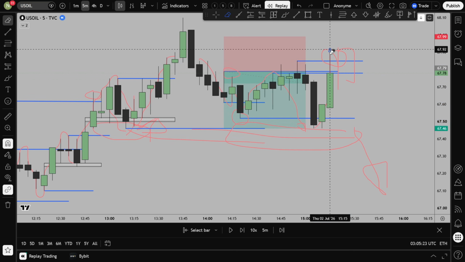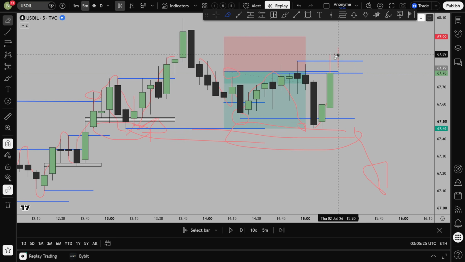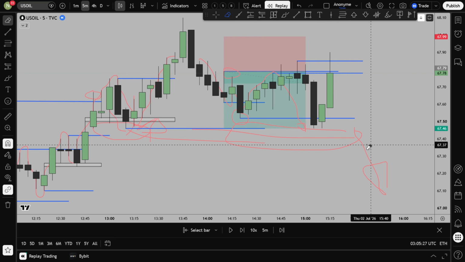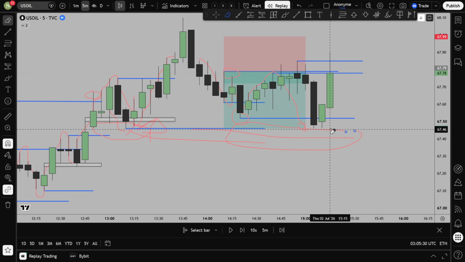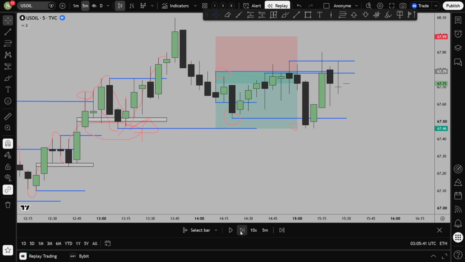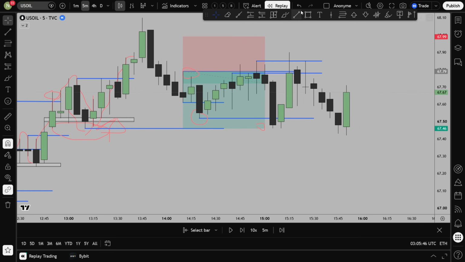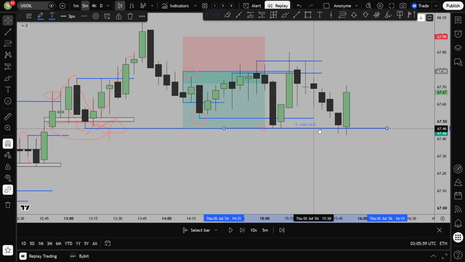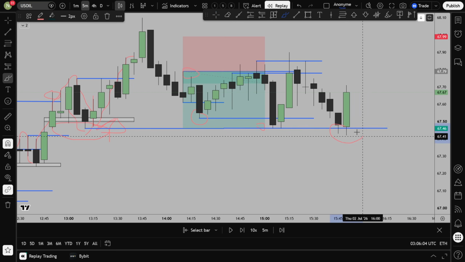But since we are still in the micro price action, we do not use wicks as bricks. We only use close of candle. Great.